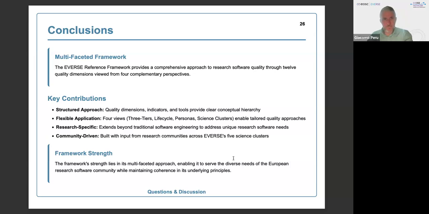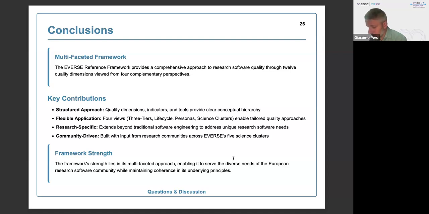Conclusions. So, in conclusion, the EVERSE framework provides a comprehensive approach to research software quality through 12 quality dimensions viewed from 4 perspectives, creating a multifaceted framework that serves diverse community needs.